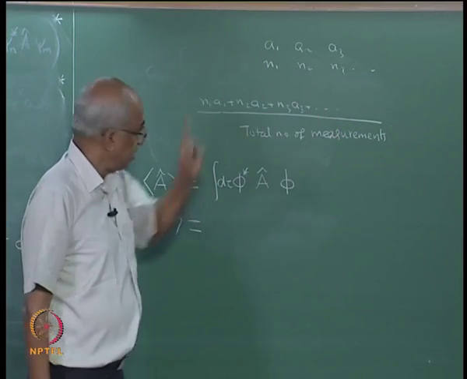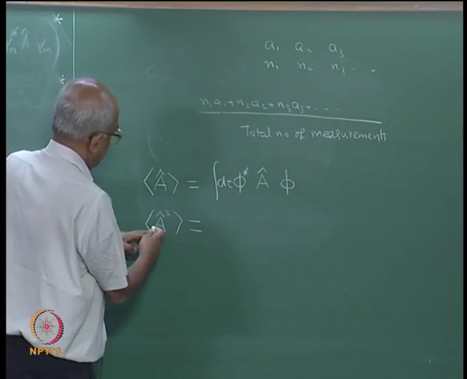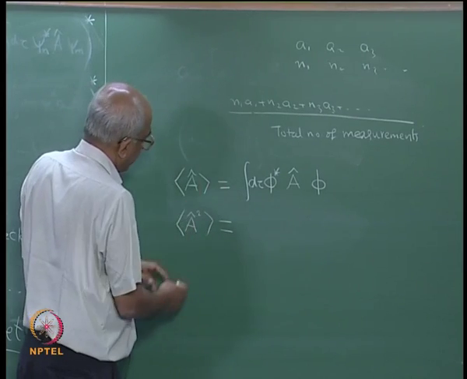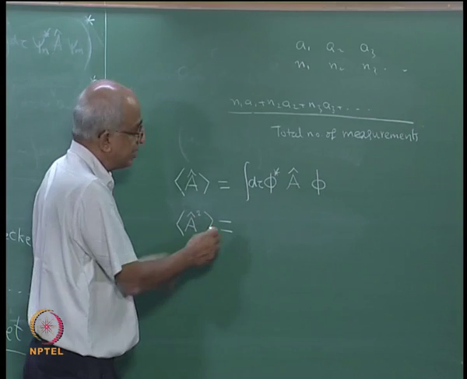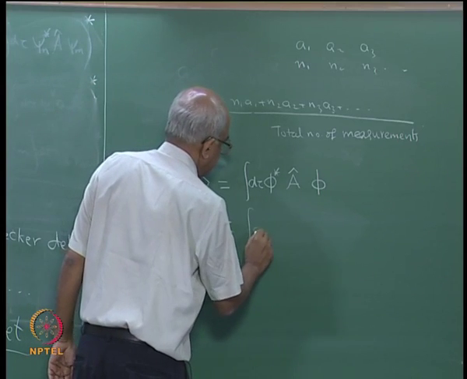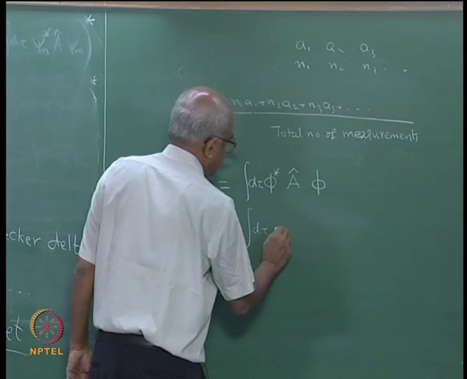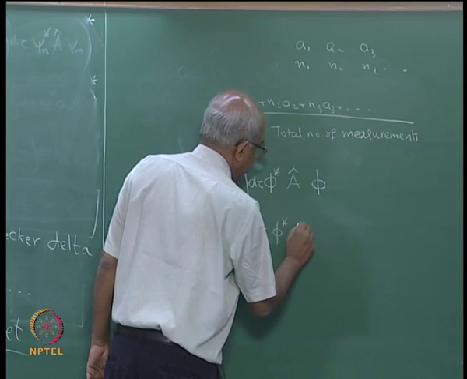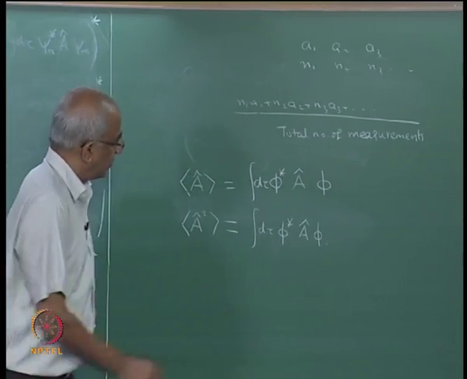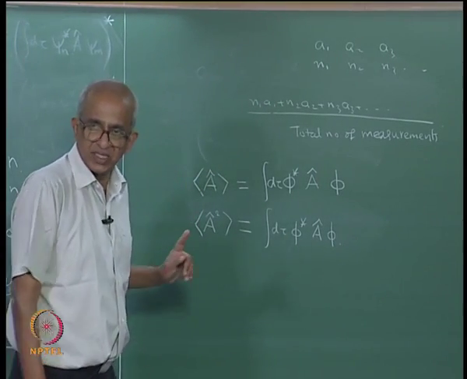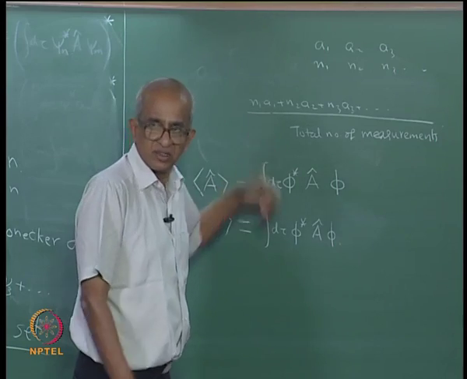So if you wanted to calculate this, all you need to do is, instead of putting A, put A squared, and it will be the integral d tau phi star A phi. Oh, sorry, minor mistake, it is not A but A squared.